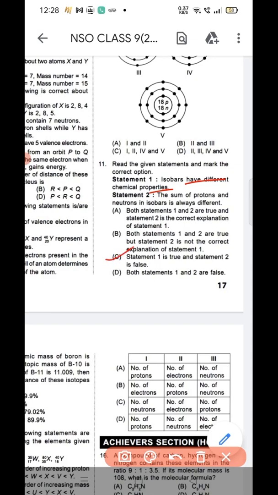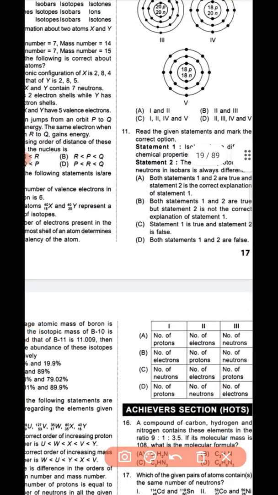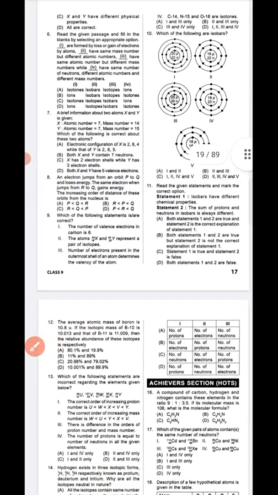Statement 1 is true and statement 2 is false. Okay, this is the correct answer, 11C. So next we will see question number 12.